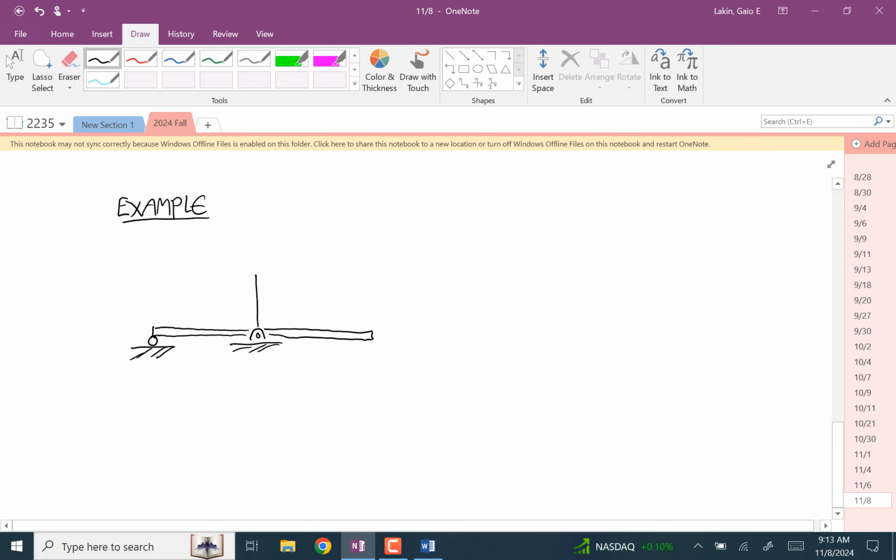And a distributed load on this side that goes to a maximum of 500 newtons per meter. Let's make this length 1 meter and this length 1 meter. And let's say the mass of the beam is 10 kilograms. And we want to calculate these internal loads.